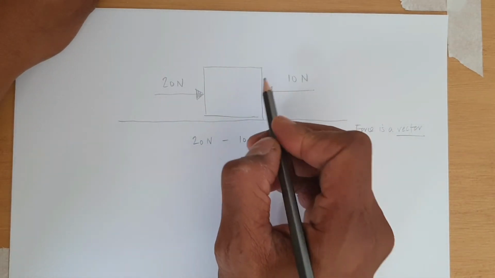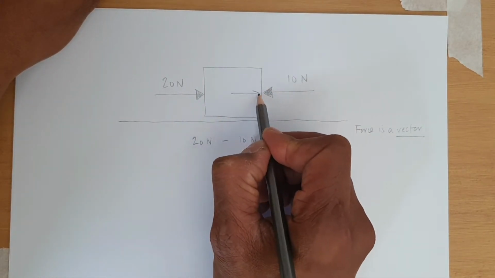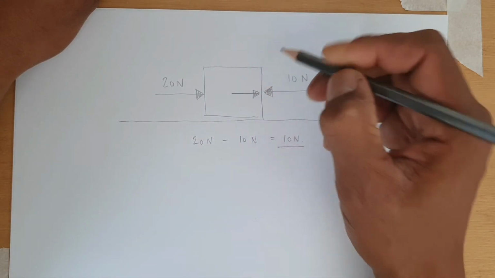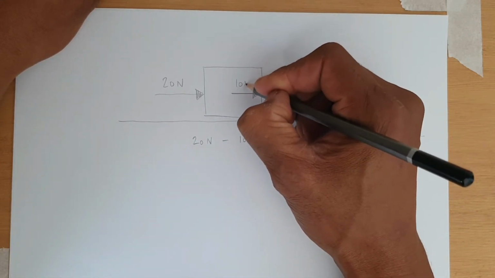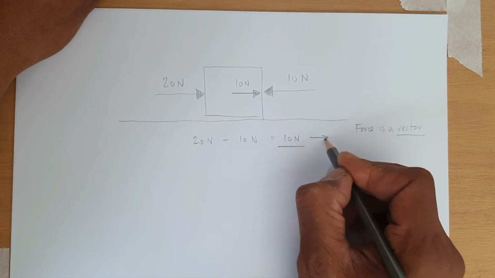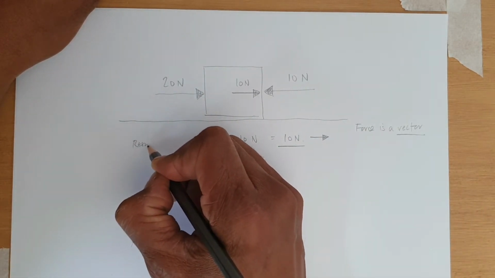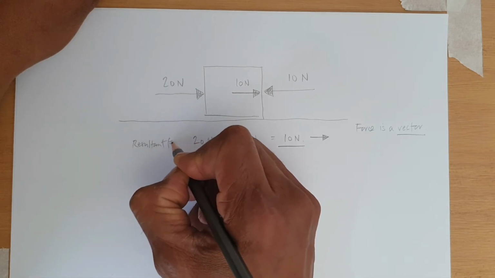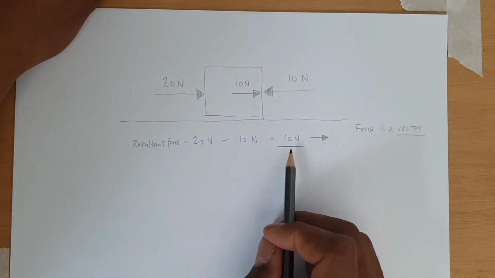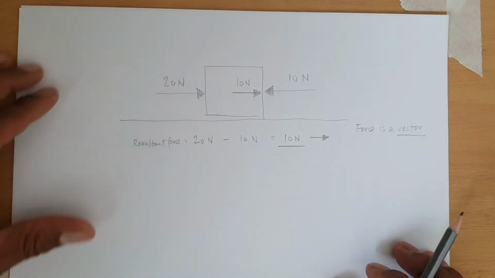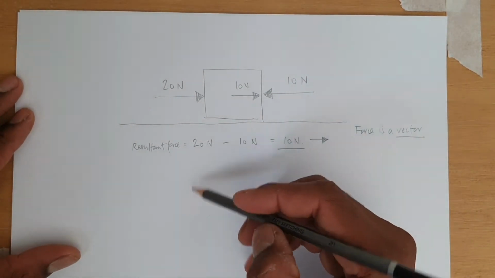So the resultant force would look like this. It would be a force going that way, and it would be 10 newtons. I'll add an arrow here to show that my resultant force is equal to 10 newtons to the right. Okay, now that's for forces acting in opposite directions.